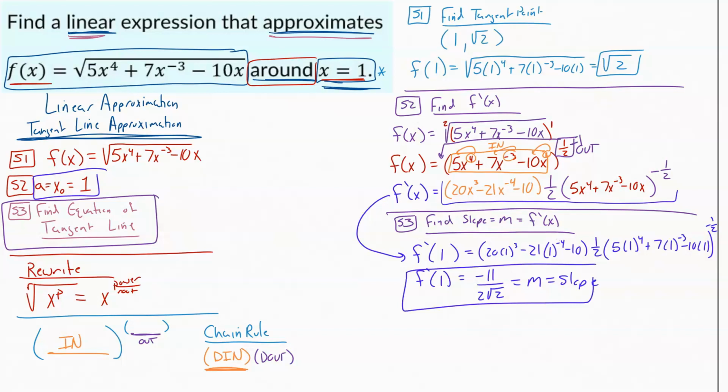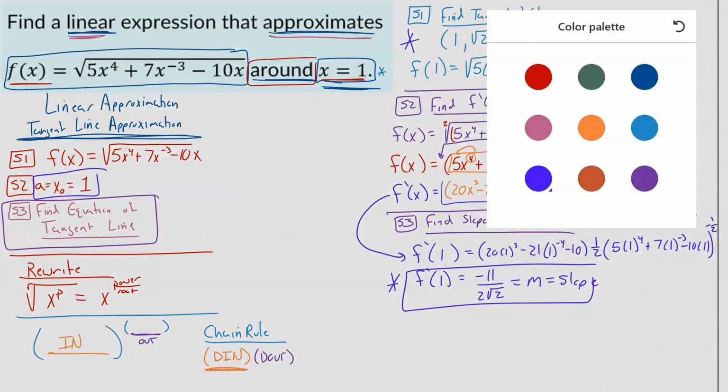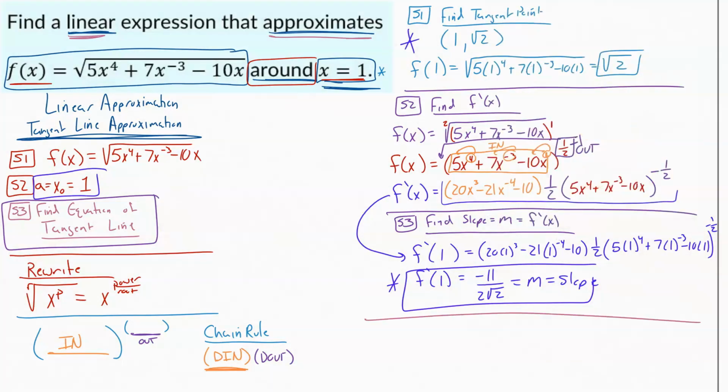And so now, using our point from step 1 and our slope that we just got on step 3, we finish up the process of finding the equation of the tangent line by plugging everything into our point slope form. So point slope, and this is one of the reasons I like memorizing it the way I do, because it comes in useful when you're doing the actual work. So this is y equals m times x minus x1 plus y1.